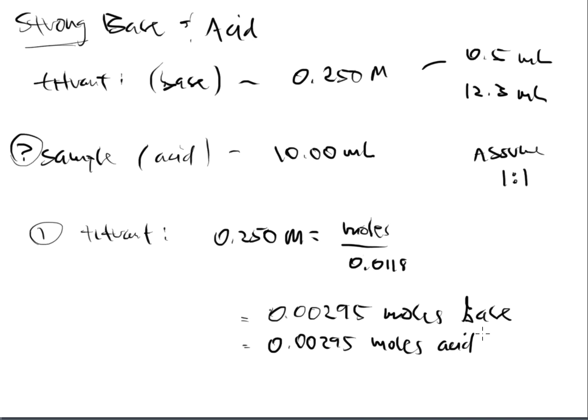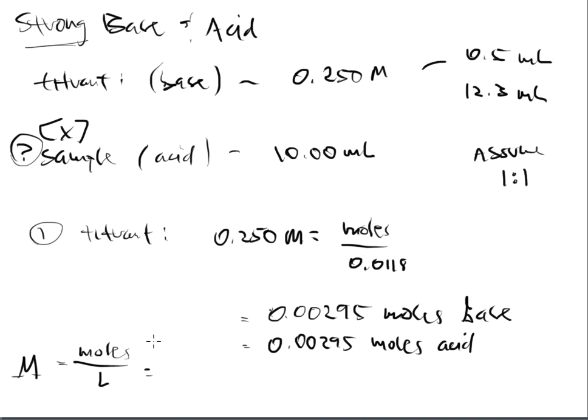Now the question is going to say, what's the concentration of the sample in terms of molarity? I'm almost finished. So how do we get concentration? Concentration is typically in terms of molarity, unless it's stated otherwise. And molarity is the number of moles of my sample divided by the number of liters of the sample. This is pretty easy because I've already solved for the moles of acid.